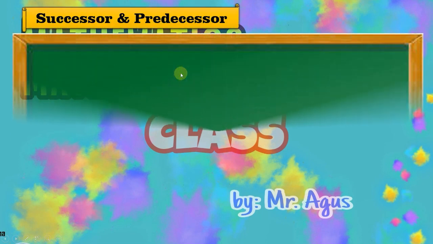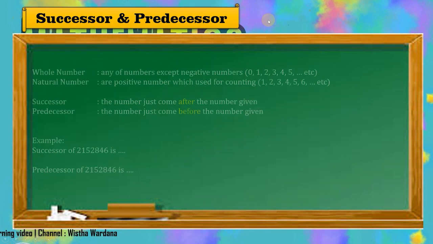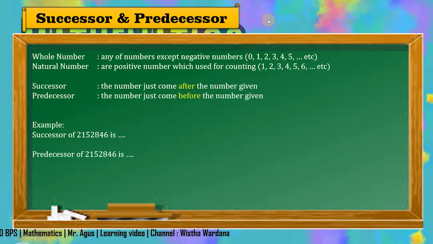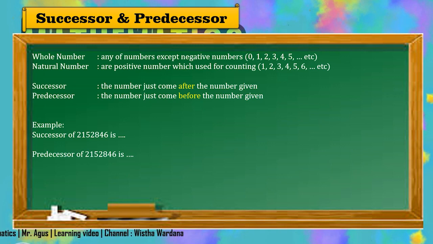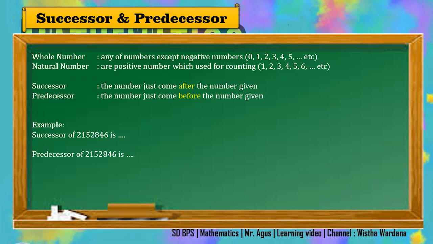The first subtopic is about successor and predecessor. This is not something new for you. You already learned about successor and predecessor in the previous grade, start from grade 2 until now. Before I move to successor and predecessor, you have to know what is the difference between whole number and natural number.